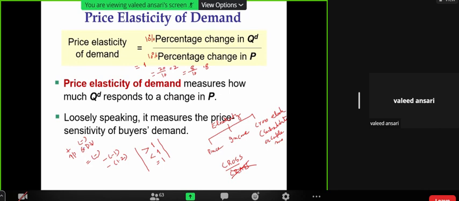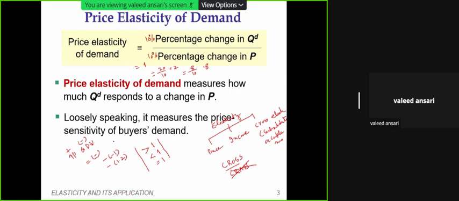So even if we do not write the negative sign in price elasticity of demand, it will explain the same thing, because it has to be a negative coefficient. So if we do not retain the negative coefficient, it will not affect the interpretation. But in calculation, we have to be careful.